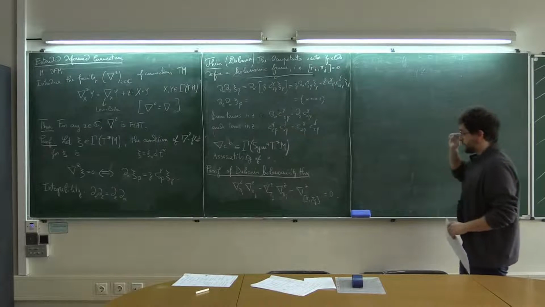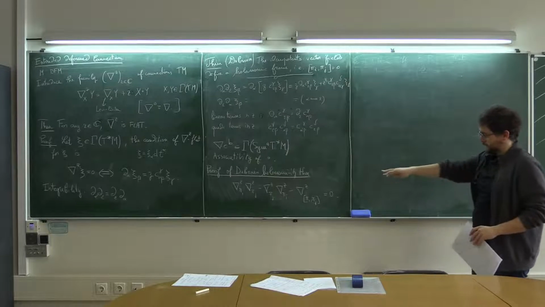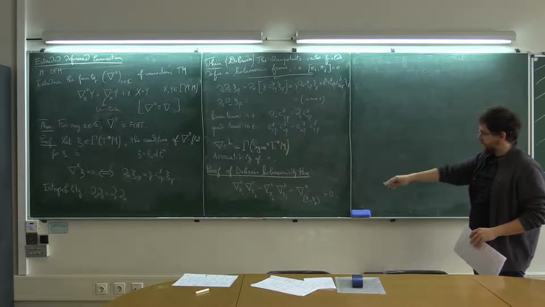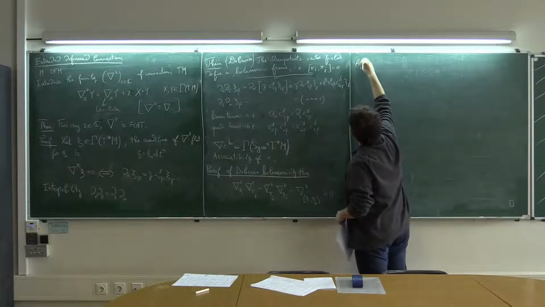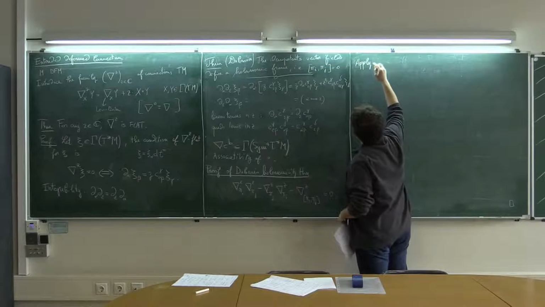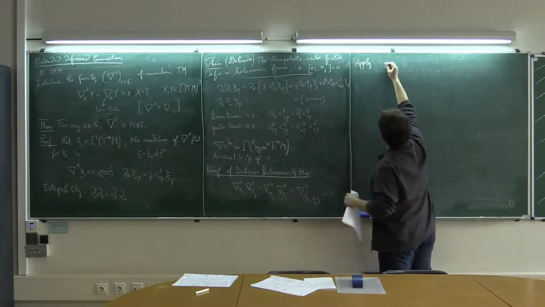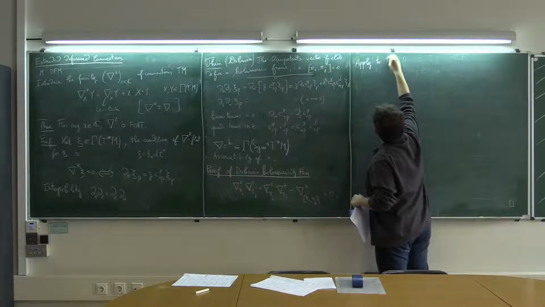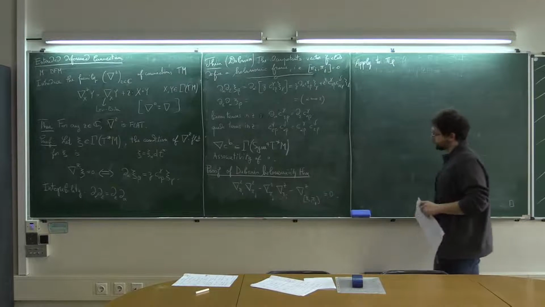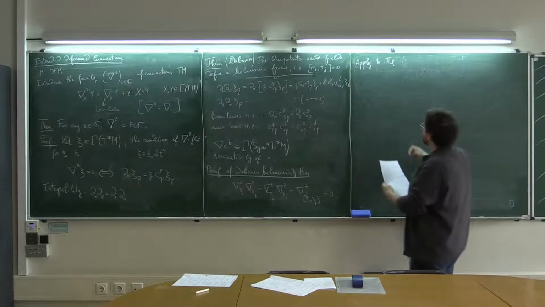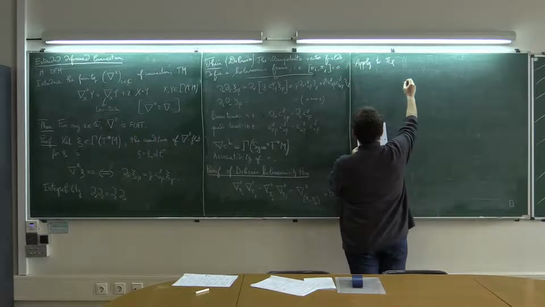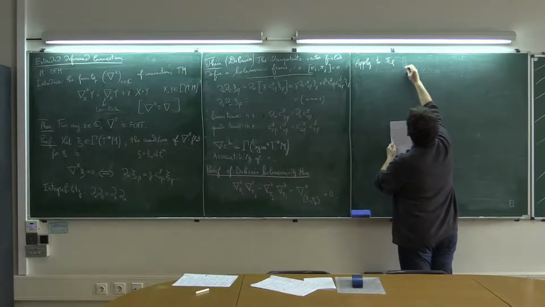So we have the following. This operator, for any choice of i and j, equals 0. Then I apply this operator to pi l. By applying the operator to pi l, I obtain the following.